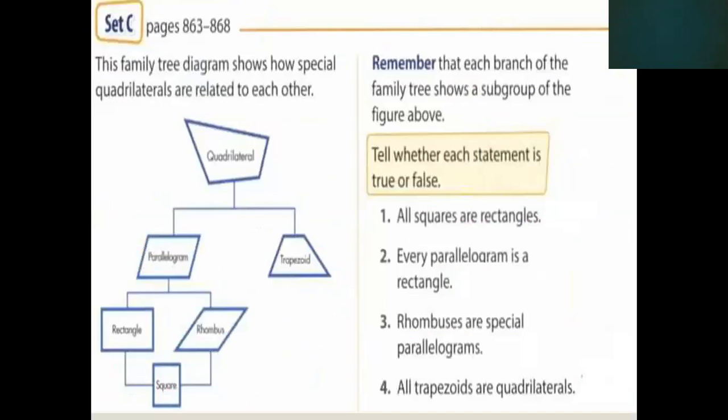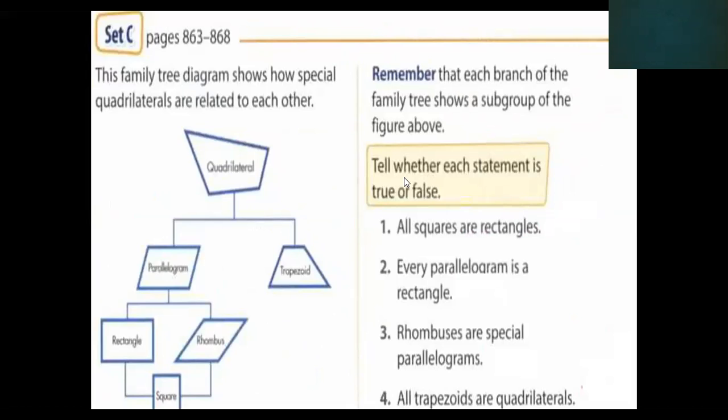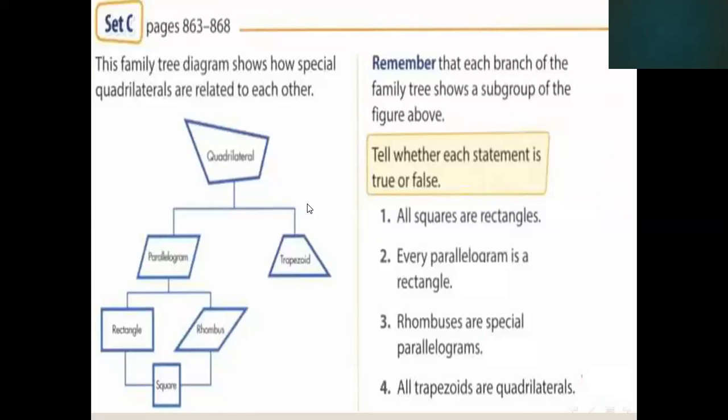After that you have the family tree diagram, which shows how the special quadrilaterals are related to each other. So directly, guys, we have here quadrilateral. After that you have trapezoid and parallelogram.